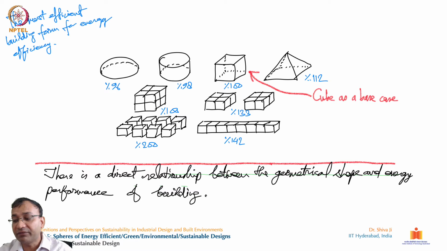If we keep these 8 smaller cubes, which came from this block, in different places, see how the energy requirement just got double. And if we keep them in a linear fashion, it is 142%.